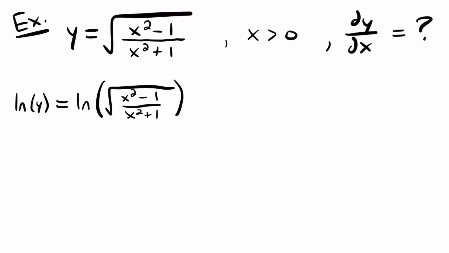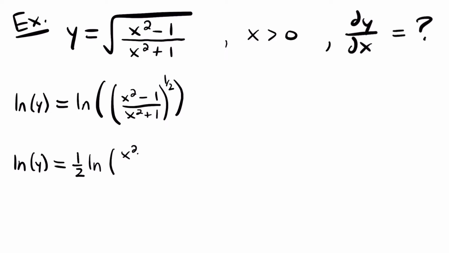So we can rewrite this square root as this quantity to the 1/2 power. Then, using that property, we can move this power to the outside of our function. We'd have that the natural log of y is equal to 1/2 times the natural log of (x squared minus 1) divided by (x squared plus 1).